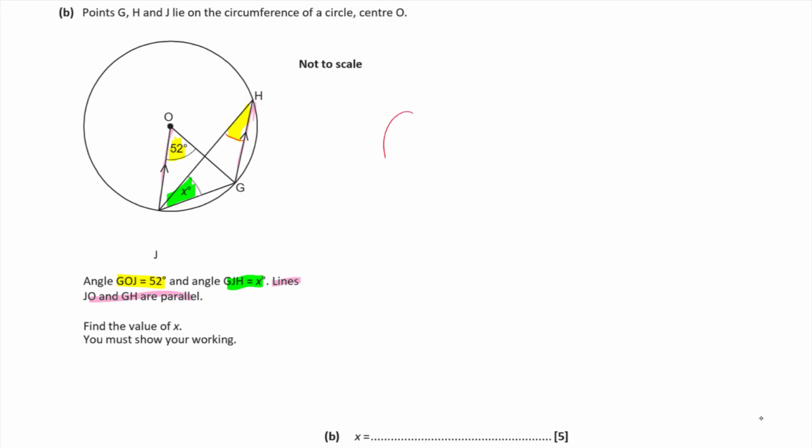Now normally these ones look more like this. If you watch Star Trek, it's like the Star Trek insignia. So that angle there is twice that one, isn't it? The angle at the center is twice the angle at the circumference. So that means that angle JHG is equal to 52 divided by 2.